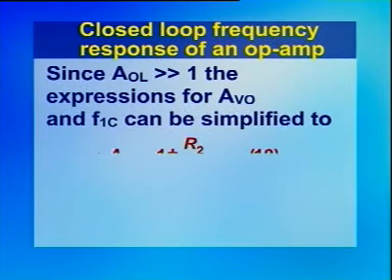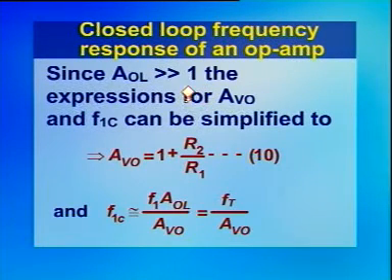Since AOL is very much greater than 1, the expressions for AV naught and F1c can be simplified to AV naught equal to 1 plus R2 by R1 and F1c equal to F1 AOL by AV naught, that equals Ft by AV naught, where Ft equal to F1 into AOL is the unity gain bandwidth of the open loop op amp.